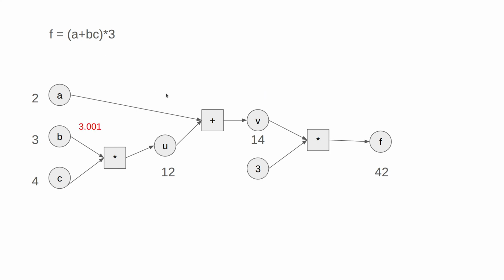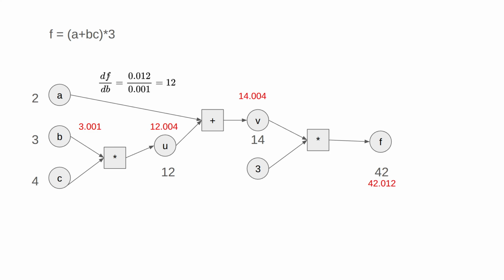And then we can try something more difficult. We want to do df over db. So we increase the value of b from 3 to 3.001. Then this will become 8, multiplied by 4, it will become 12.004. So we know df will be 0.012.